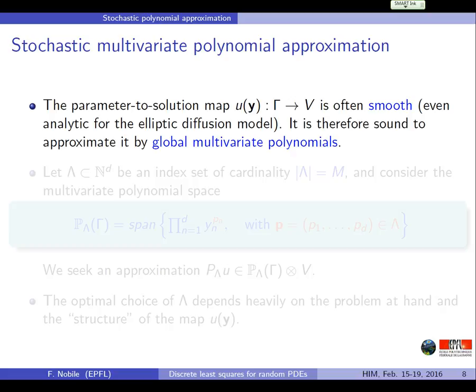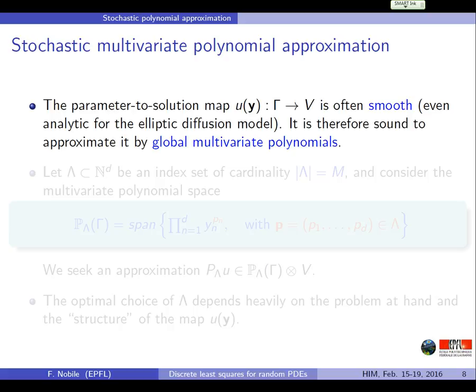Even if you are in very high dimension, you can try to approximate this map by, for instance, global polynomials or other spectral type methods. It would be crazy to do local piecewise approximation, because in very high dimension the convergence will be extremely poor.